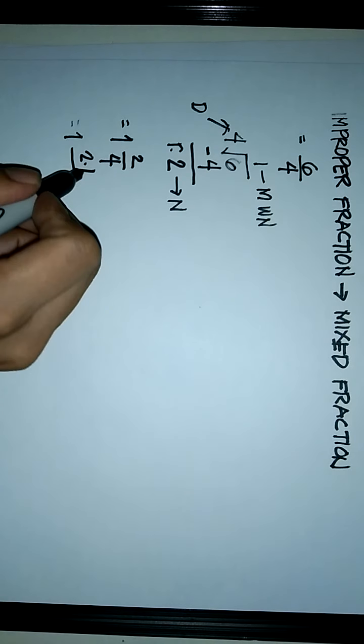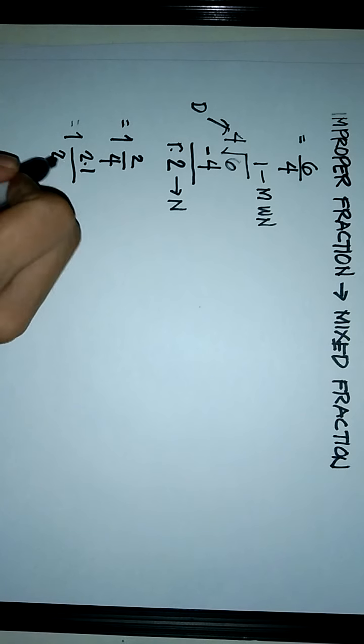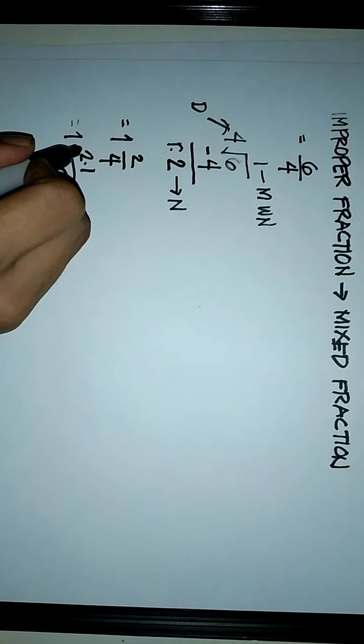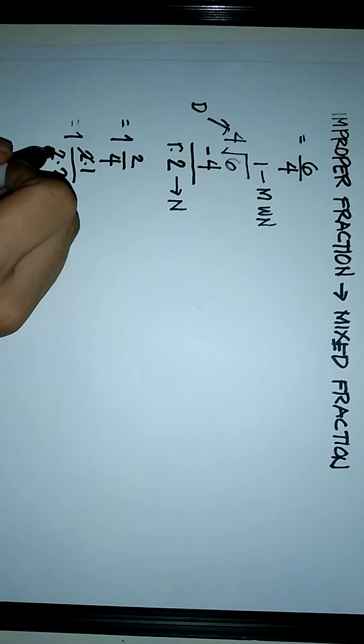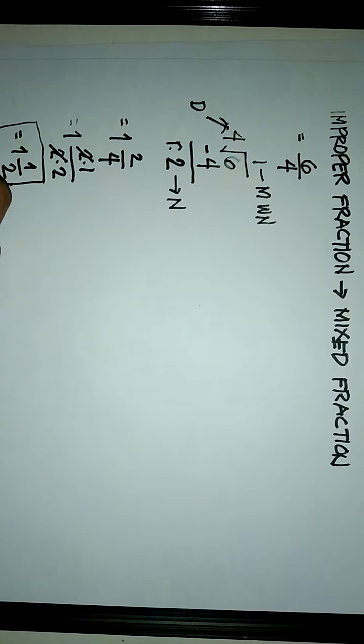And kapag 4 naman, ano ba yung factors ng 4? We have 2 times 2. And we can cancel yung 2 sa numerator and 2 sa denominator. What will remain is 1 and 1/2. And that is our final answer.